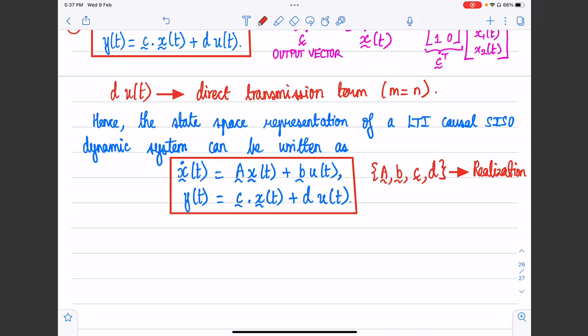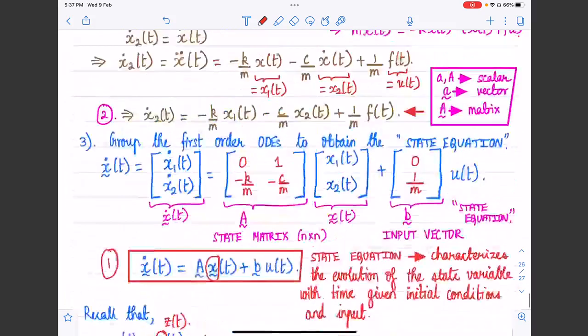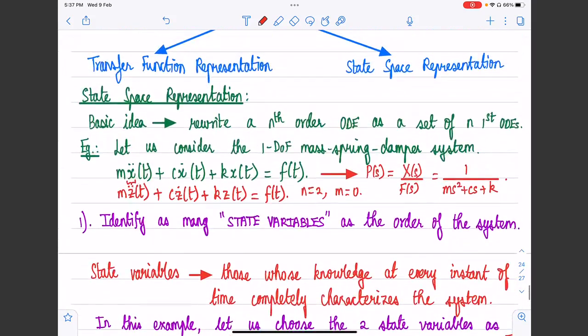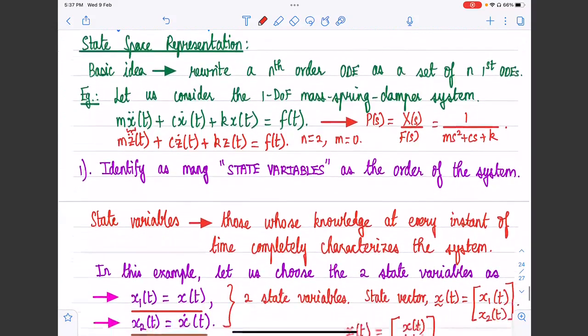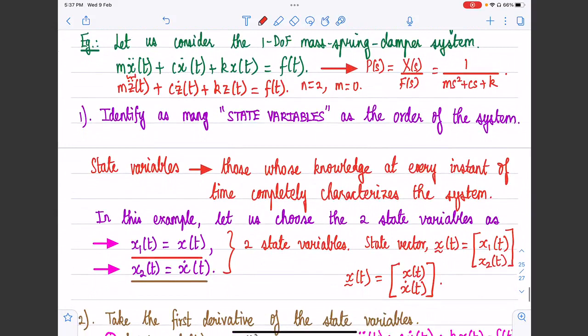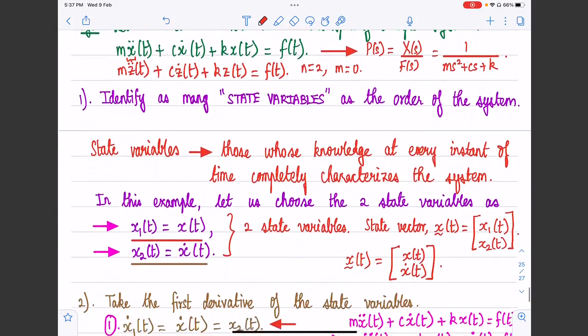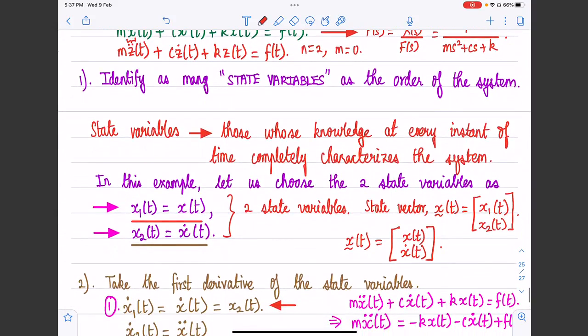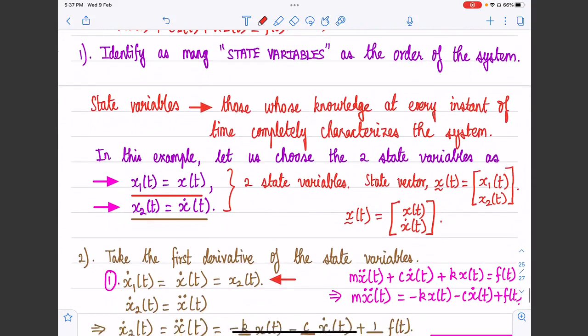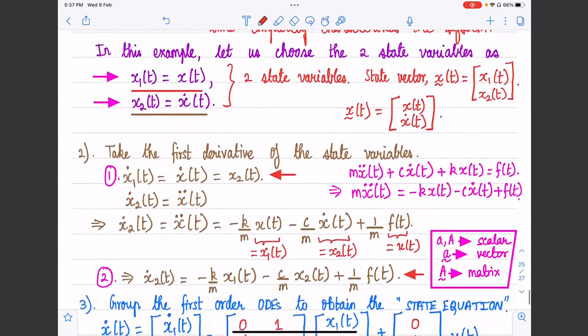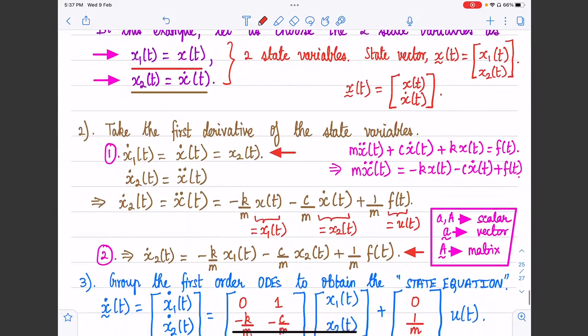Just to recap the state space representation, we stay in the time domain. We want to rewrite the nth order ODE as a set of n first order ODEs. Step one is to identify n state variables and form the state vector. Step two is to take the first derivative of these state variables and rewrite them in terms of the state variables themselves and the input.